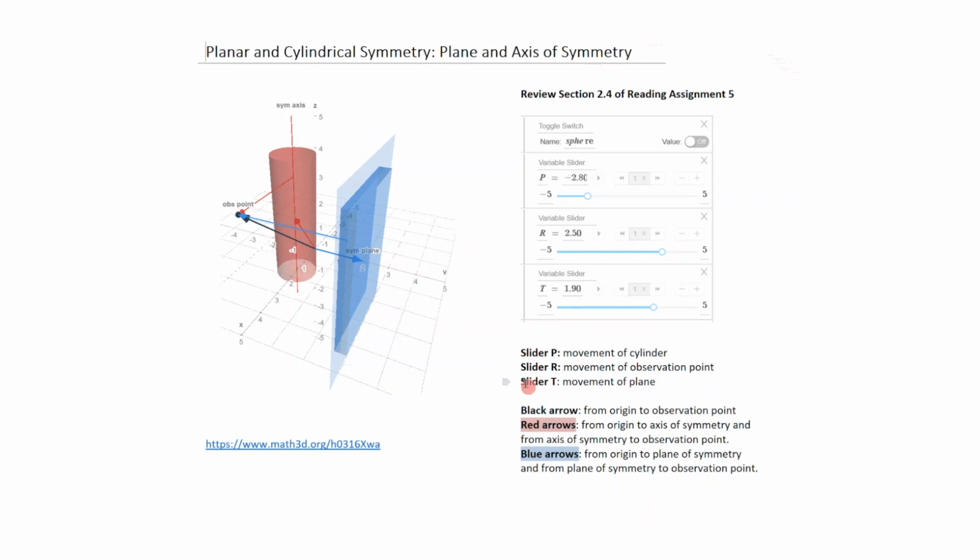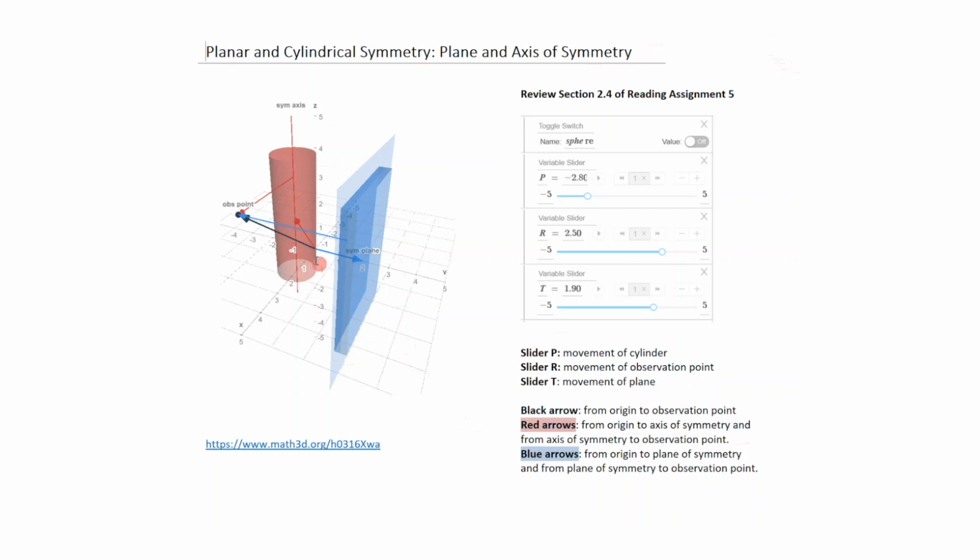The arrows that you see here are the black arrows from the origin to the observation point, and the red arrow from the origin to the axis of symmetry, and from the axis of symmetry to the observation point. So the distance from the origin to the axis of symmetry, in cylindrical coordinates, basically this would be any plane that's parallel to the XY plane, and you're just dealing with the distance between the z-axis and the axis of symmetry.